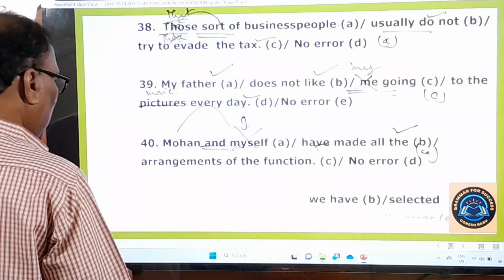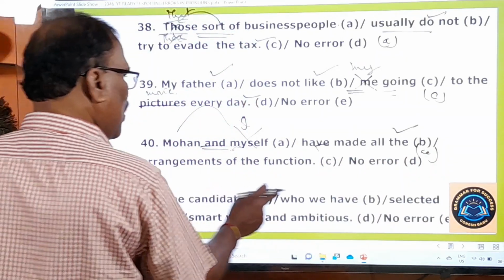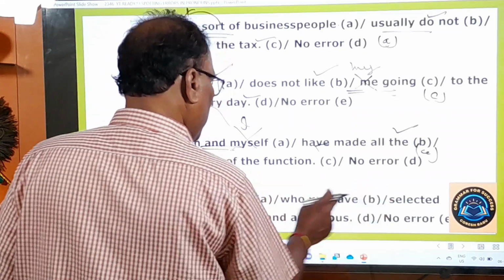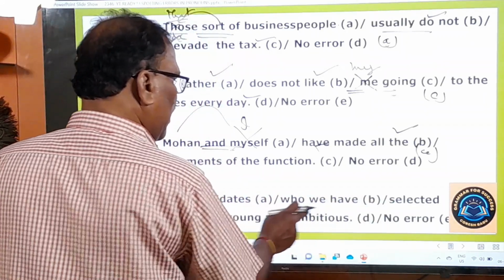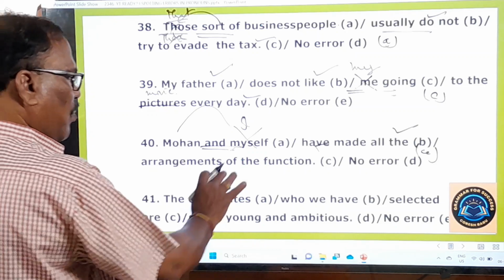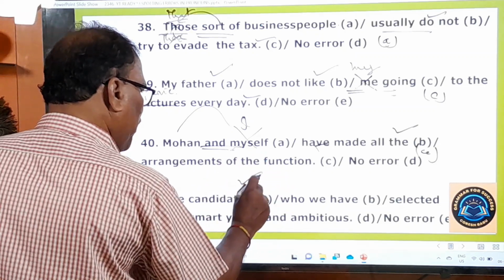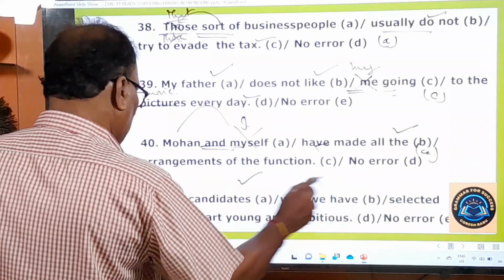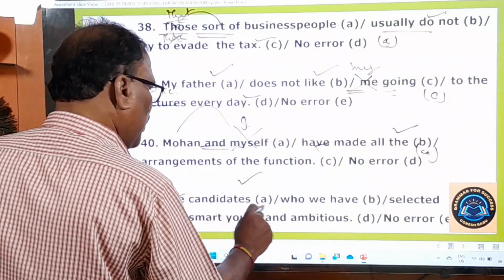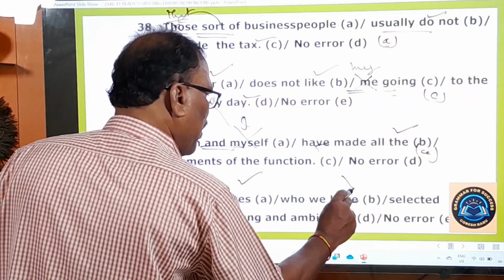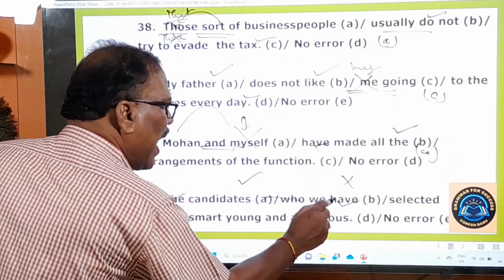And here, 41st one: "The candidates who we have selected are smart, young and ambitious." Okay. Here if you observe this sentence, "the candidates" A part is okay, "selected" C part is okay, and "smart, young and ambitious" D part is okay. But B part is not okay. Why? "Who we have" is given.